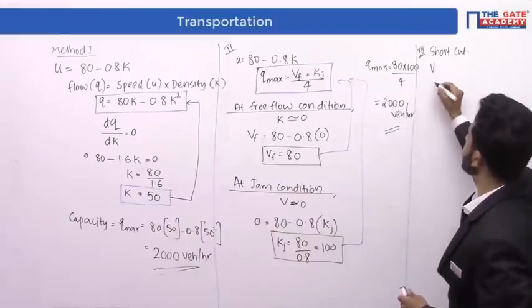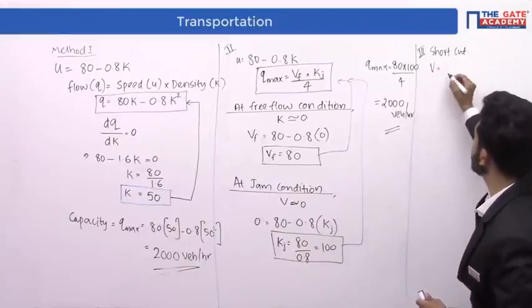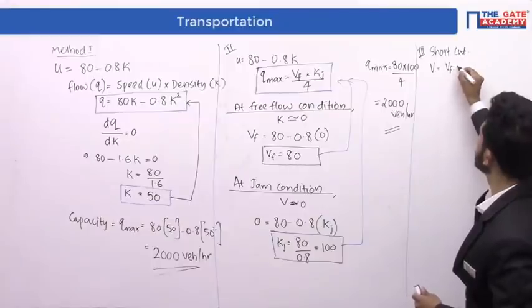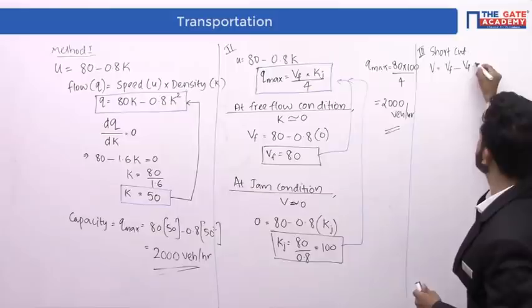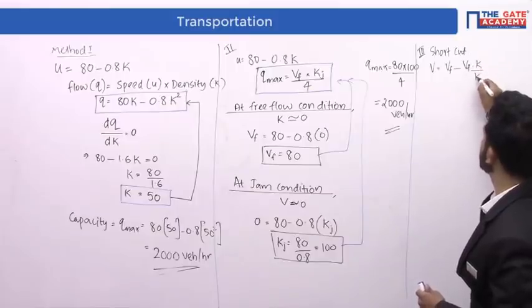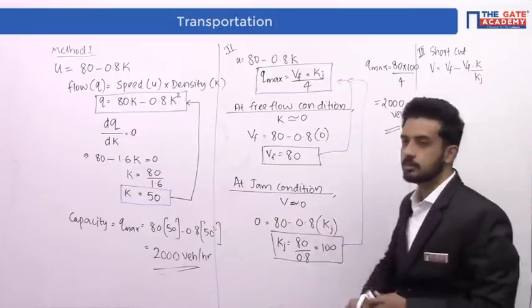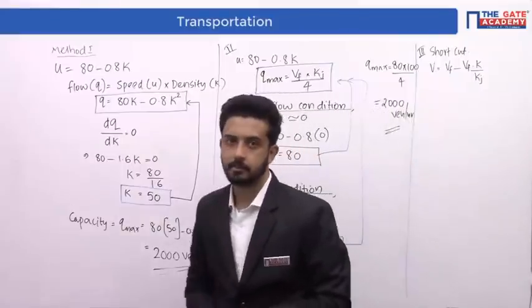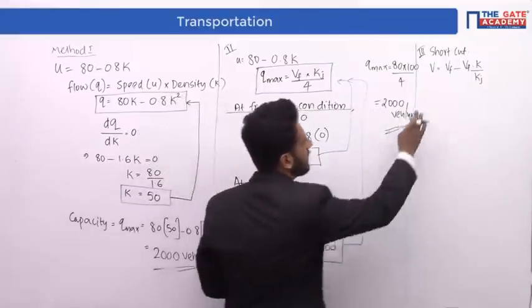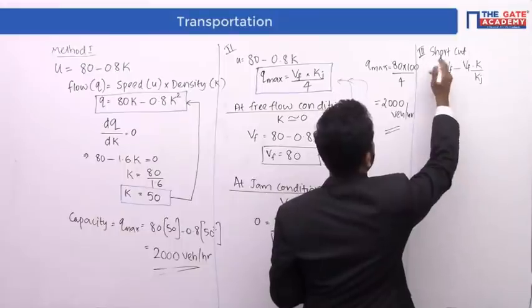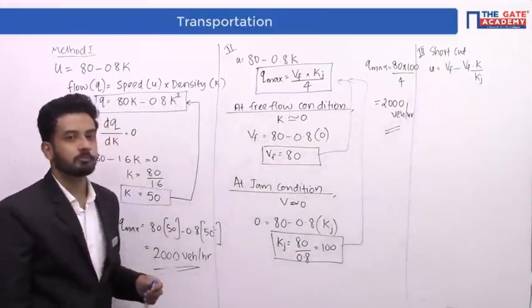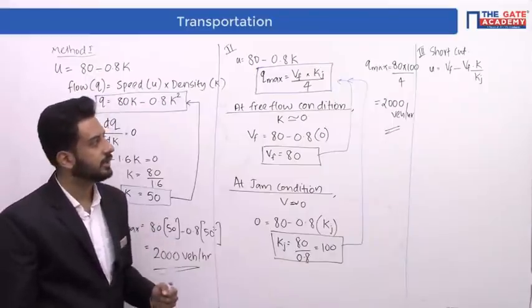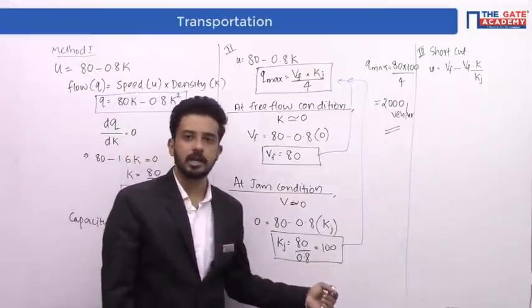V is equal to Vf minus Vf into K by Kj. Correct? So the speed at any time, some V, or I can write this as U. Okay? The speed at any time U is equal to Vf minus Vf into K by Kj.